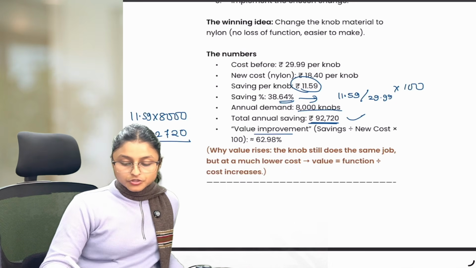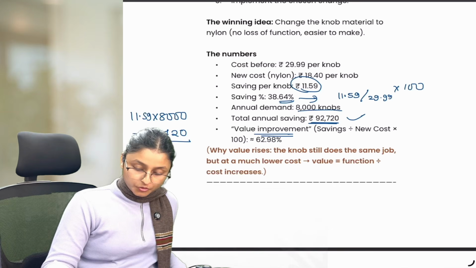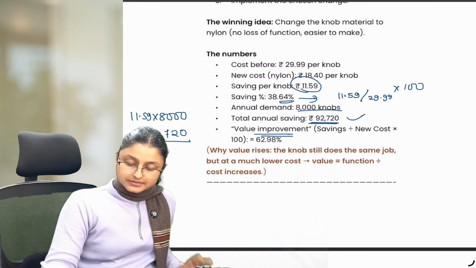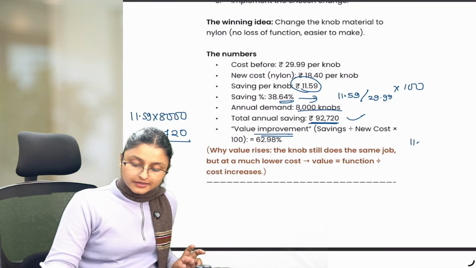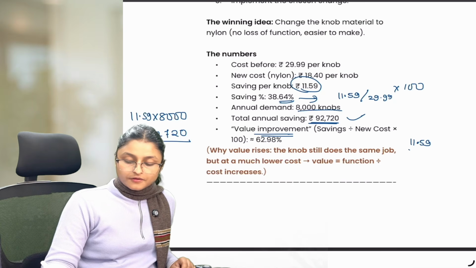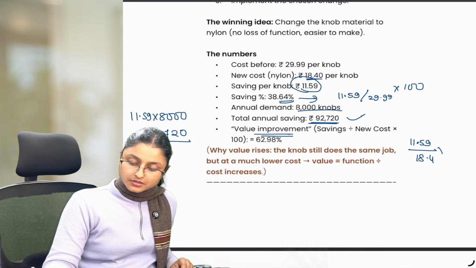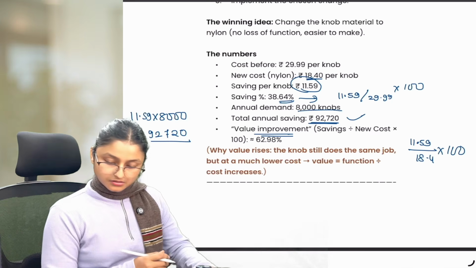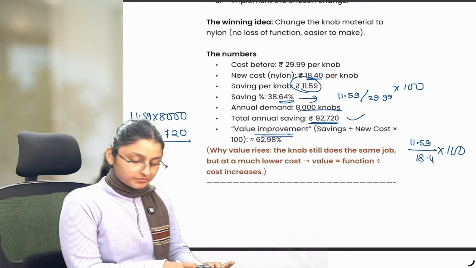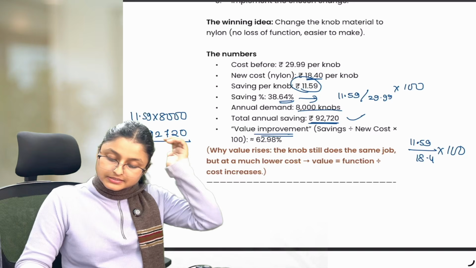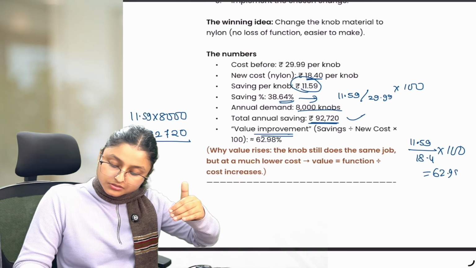Okay? Now if you want to calculate value improvement, that is, how much value you have improved, then you need to compare the saving, that is 11.59 rupees, with your new cost, that is 18.4, into 100. Let me calculate it. 11.59 divided by 18.4 into 100 is approximately 62.98%.